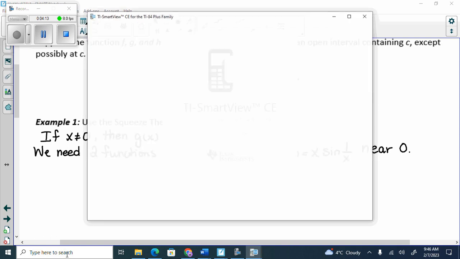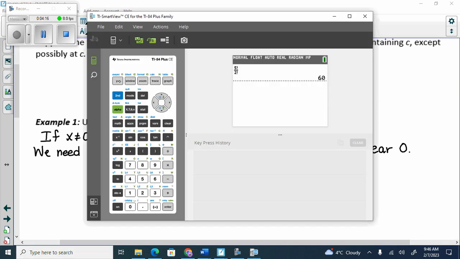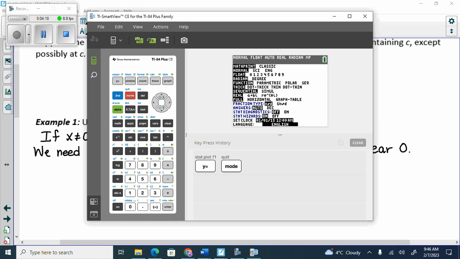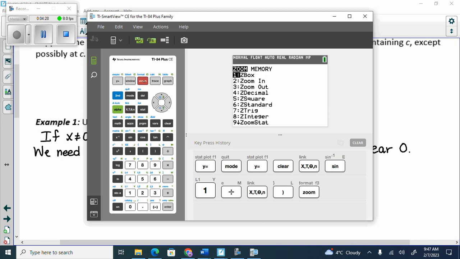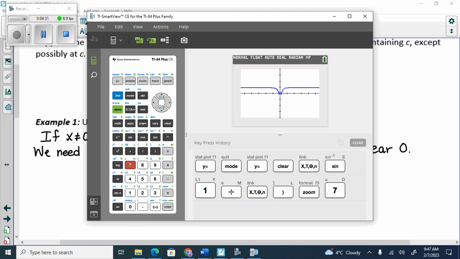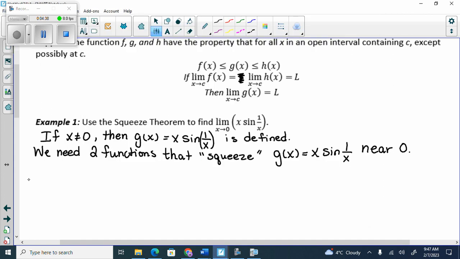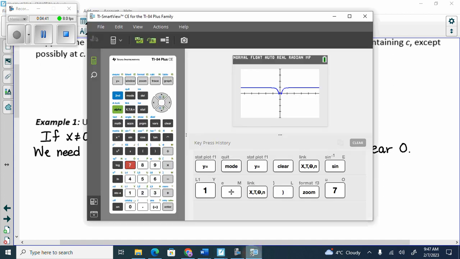So in our y equals, we have x sine 1 over x. So something like that. It's wonderful, isn't it? All right. If you look at it, though, there is no value at 0, right? It cuts it out. And it can't have a value at 0 because it would make our denominator 0, and therefore we can't have a value at 0.